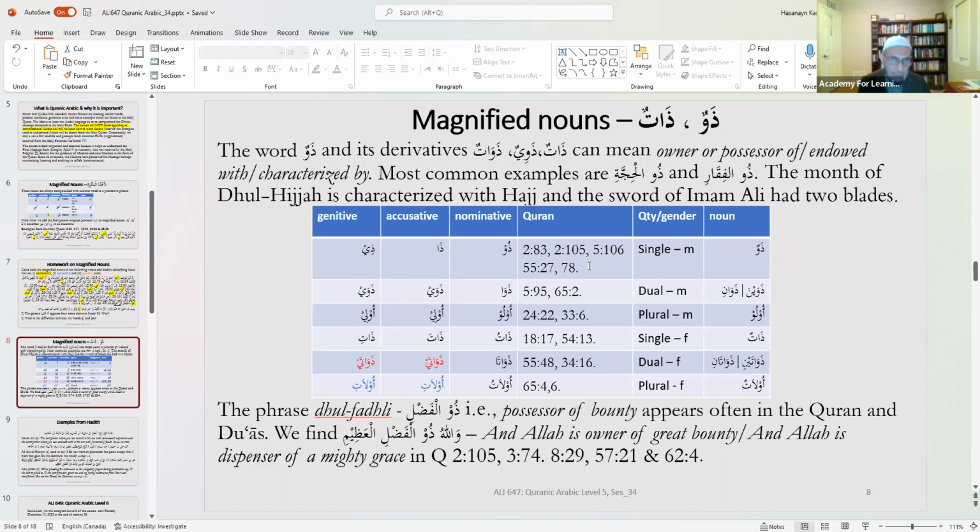Of course nobody can describe Allah, but it is one of the sifat of Allah, the majestic and the magnificent. So because Rabb here is Mudaf ilay, and Mudaf ilay is always genitive, that's why this Dhi is genitive.